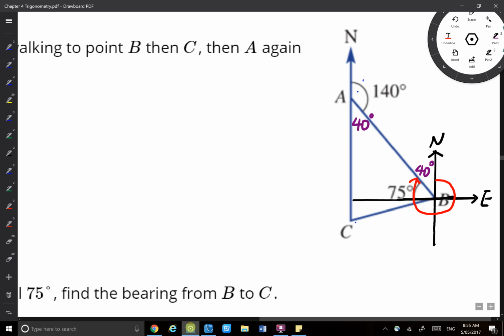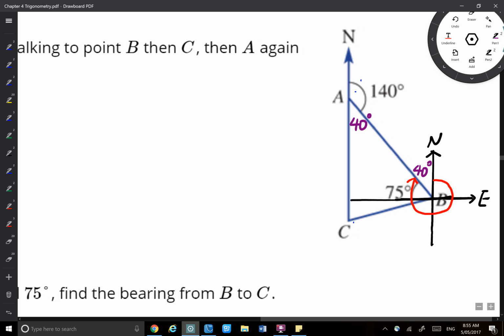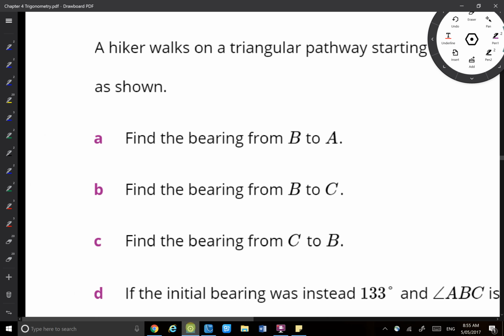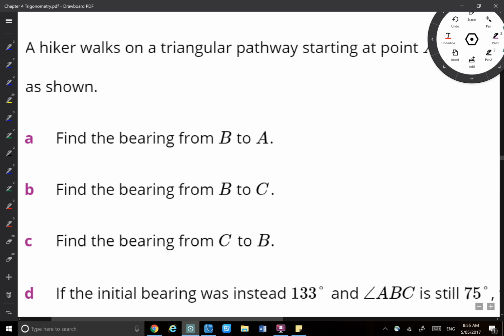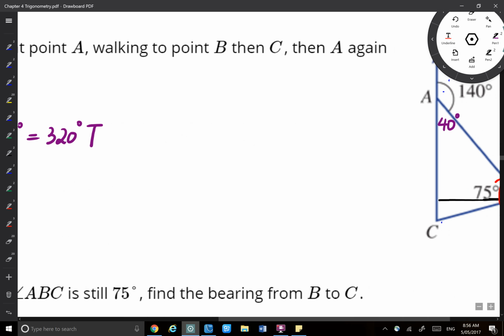Then the red angle will equal 360 degrees minus 40 degrees, which gives you 320 degrees true. The bearing will be 320 degrees true.